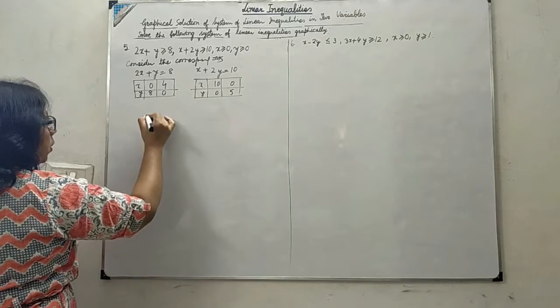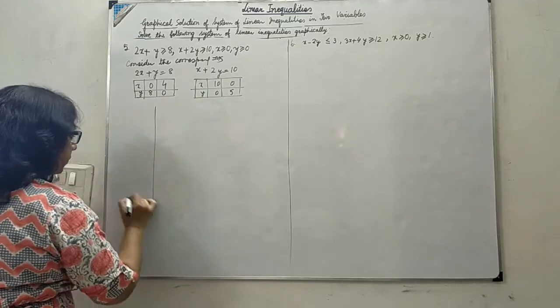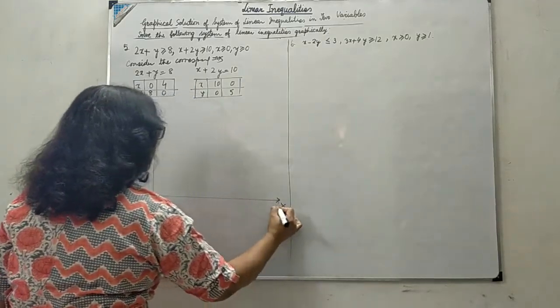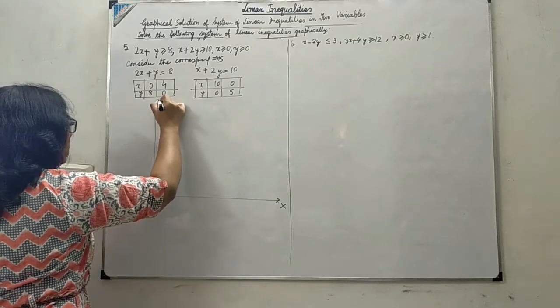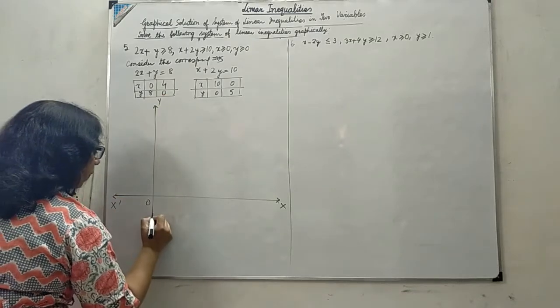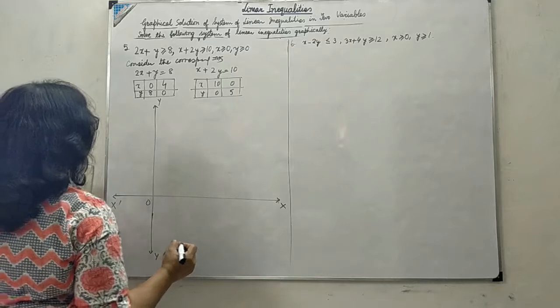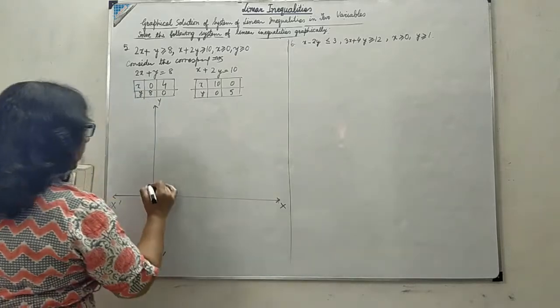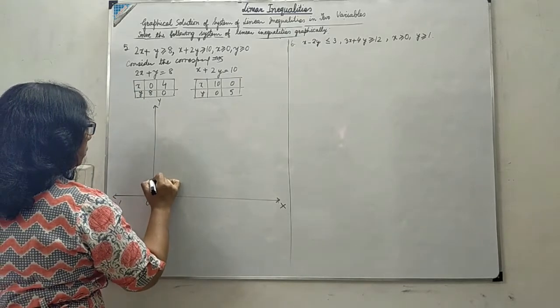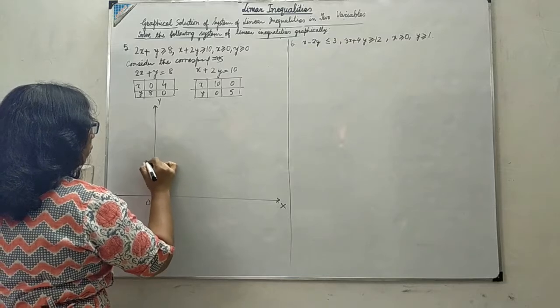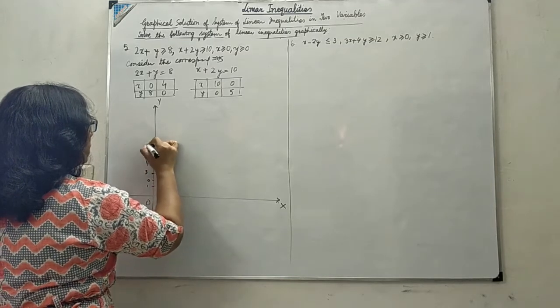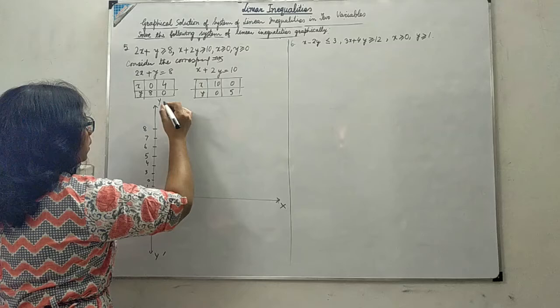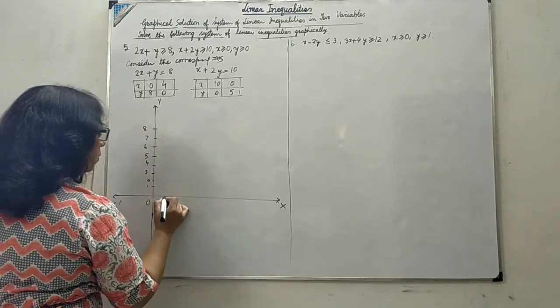Now, I will plot these two lines first of all by taking a suitable scale and coordinate axis. We have seen here it is passing through 0, 8. So this is 1, 2, 3, 4, 5, 6, 7, 8 and 10 also, 10, 0.